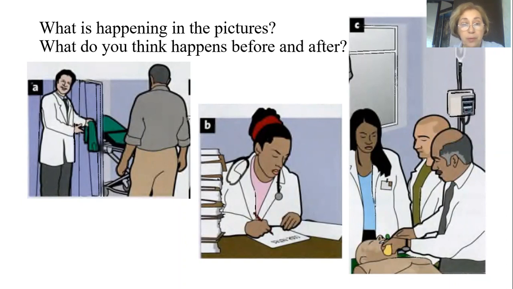Okay, so maybe this is the end of her shift, because we can see a lot of paper on the table. Maybe these are the case histories of her patients, and she's studying and doing something with them.